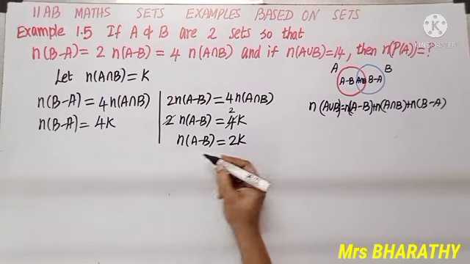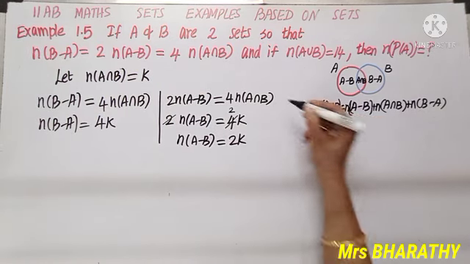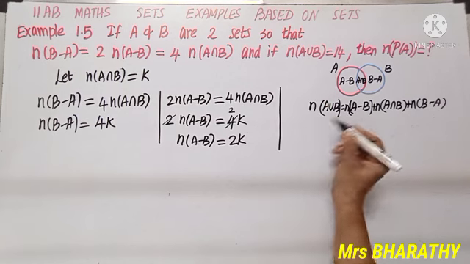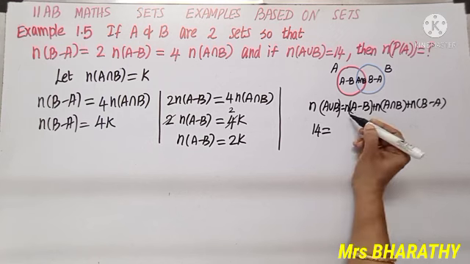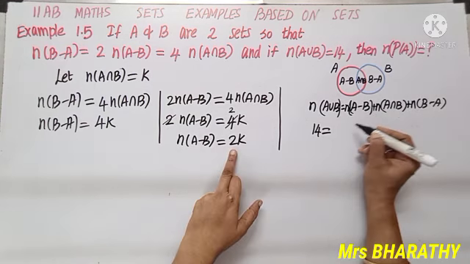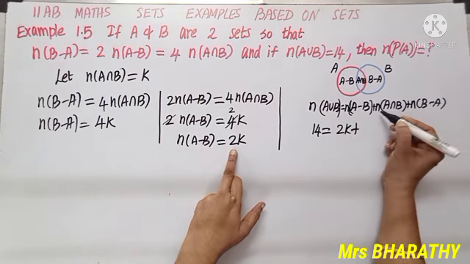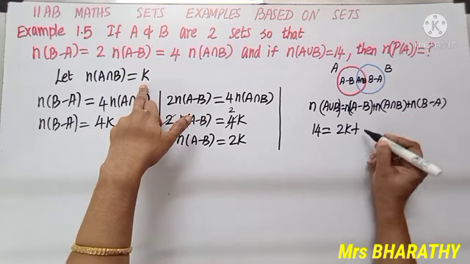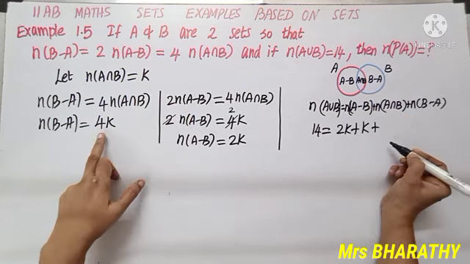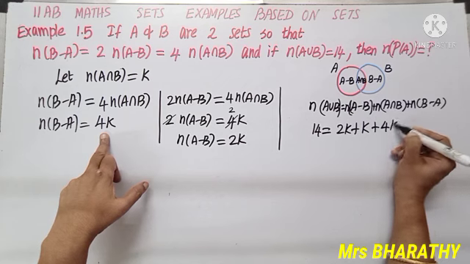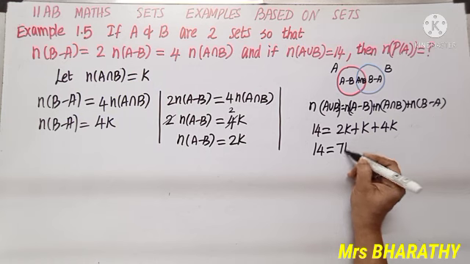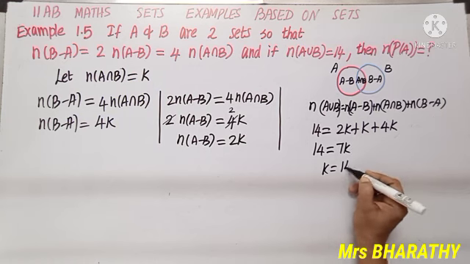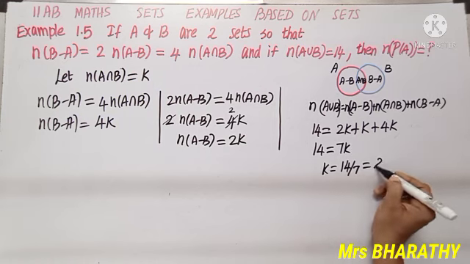Now, let me substitute these values in this formula. What is n of A union B? Given it is 14. What is n of A minus B from here? 2K. n of A intersection B from here? K. n of B minus A from here? 4K. So, I get 14 equals 7K. K equals 14 by 7, that is 2.